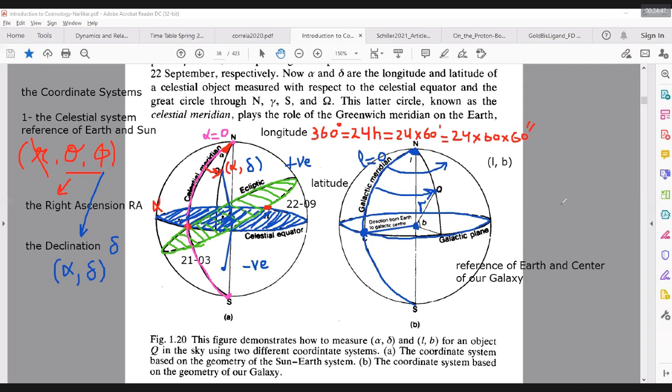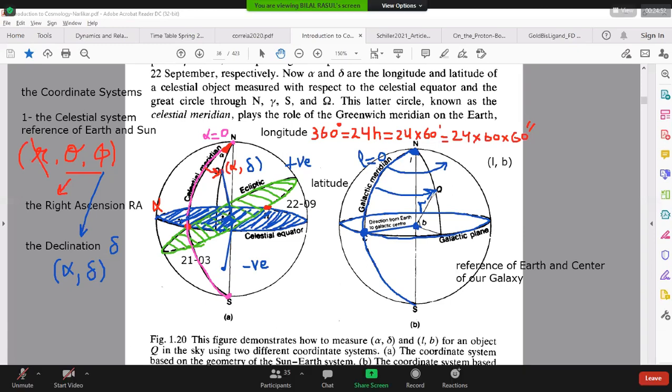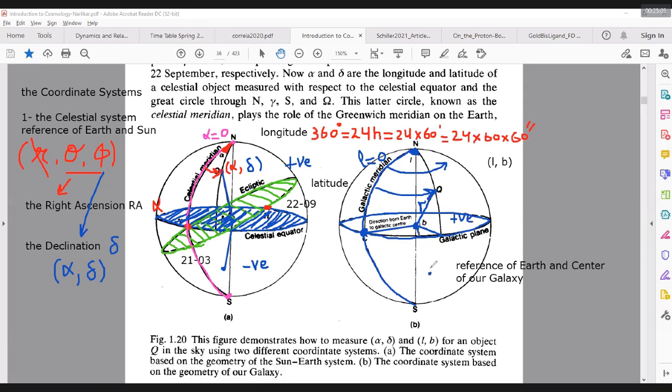That is very similar. You measure it from the reference of the galactic plane. If the object lies upwards, that means northwards, the value of B is positive. And if it is lying somewhere in the southern direction, then it is taken negative. So this is what we are doing with the two types of coordinate systems.